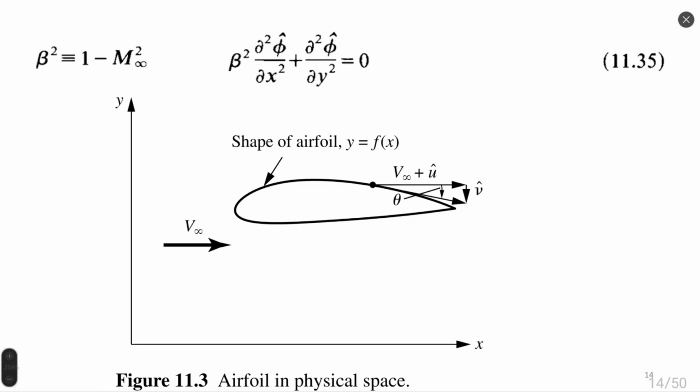There is a mathematical approach to find a correction for equation 18. Here, equation 35 is identical to equation 18, just substituting 1 minus M square by the beta coefficient, a mathematical constant before the second derivative of the potential function in the x direction.